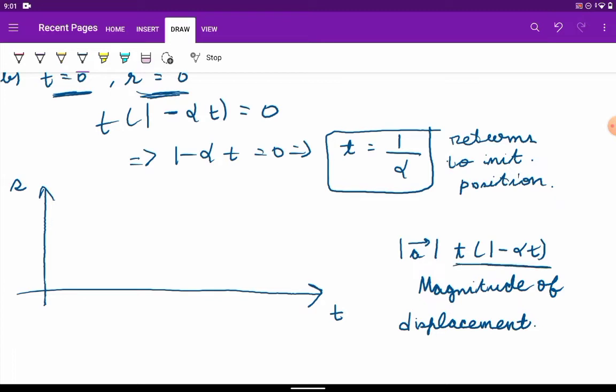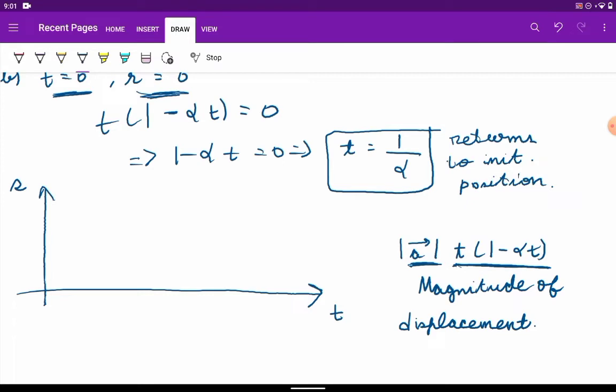Okay, now this thing, this is of course a constant a, this thing t into 1 minus alpha t, so it's basically a quadratic expression, whose roots are 0 and 1 by alpha.